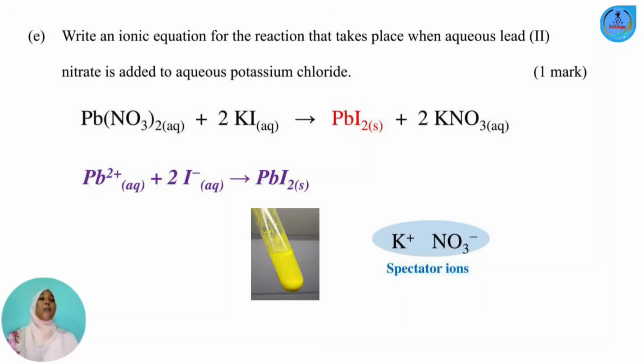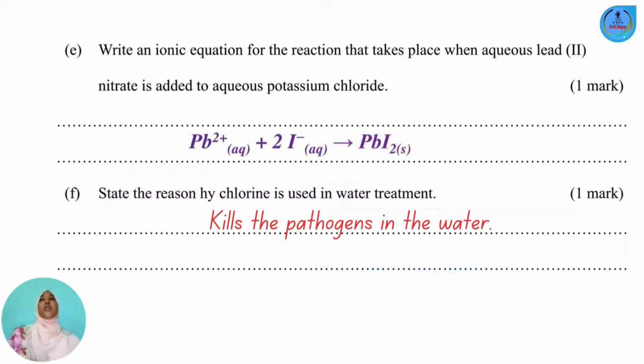The state symbol is S. So our ionic equation is the one that is in blue. Now the potassium ions and the nitrate ions are just spectator ions. They are not literally participating in the reaction.